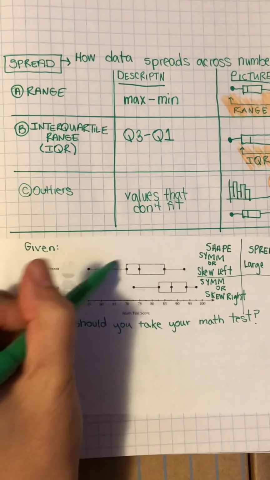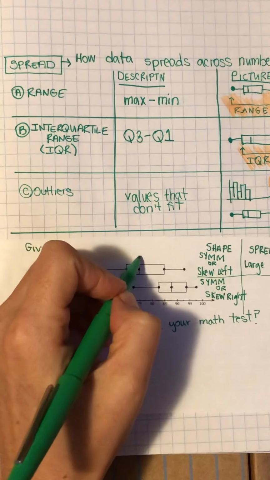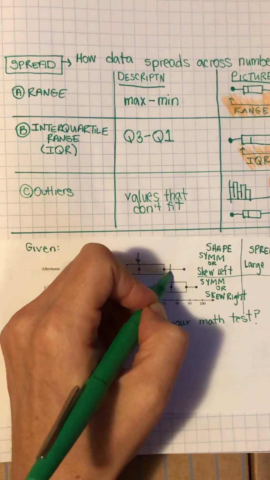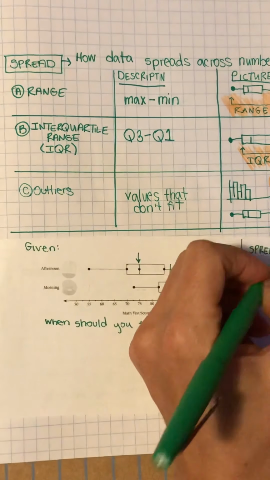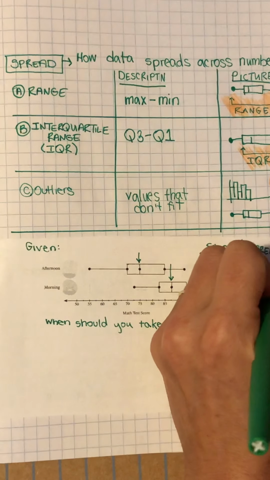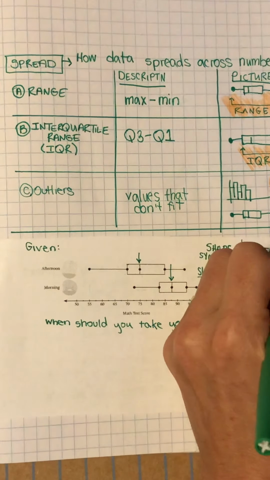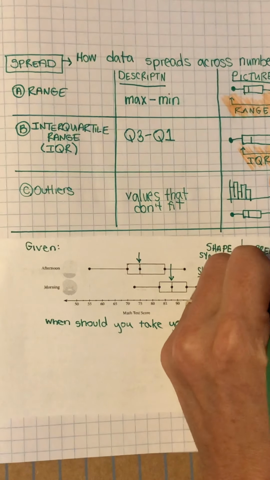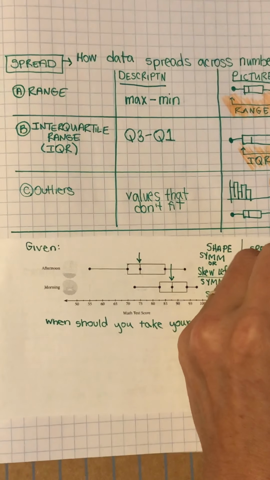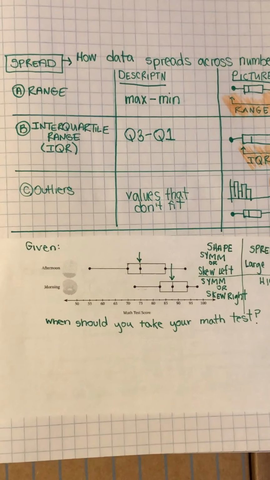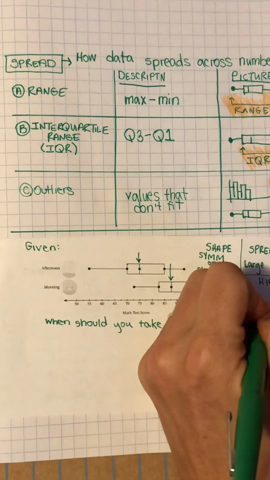And then for this one, when we're talking about spread, we also take into consideration the median. How is that in terms of all the other data, and how does that compare to the one above? So I definitely want to say that this one has the higher median, and it has a smaller range.